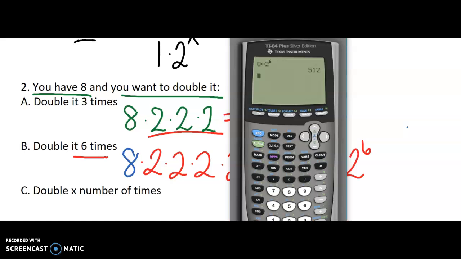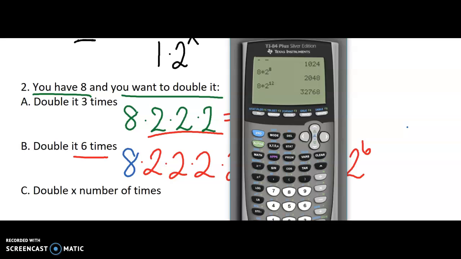Now, let's assume the pattern continues. 8 times 2 to the power of 7. Look at the number. It went from 500 to 1,000. Now let's do it again. 8 times 2 to the 8th. It went to 2,000. Let's skip a few. Let's go to the power of, let's say, 12. How much do you think this number is going to grow?